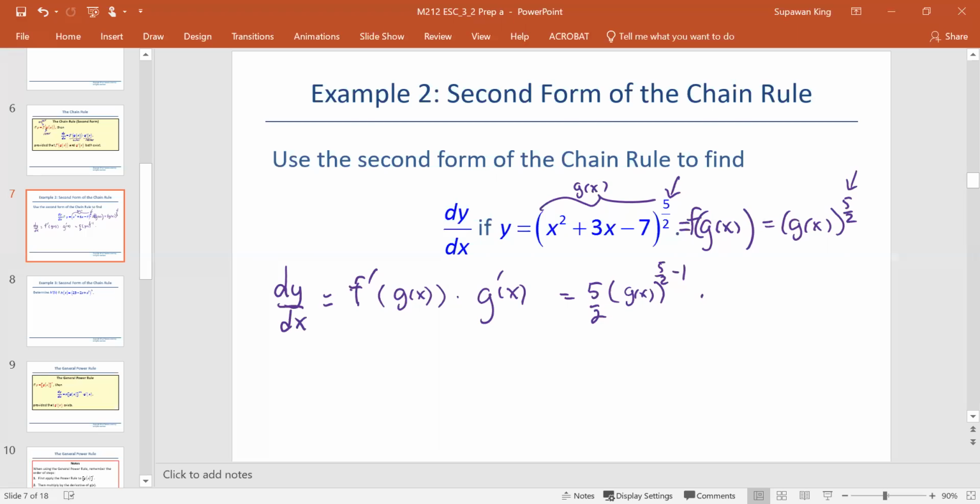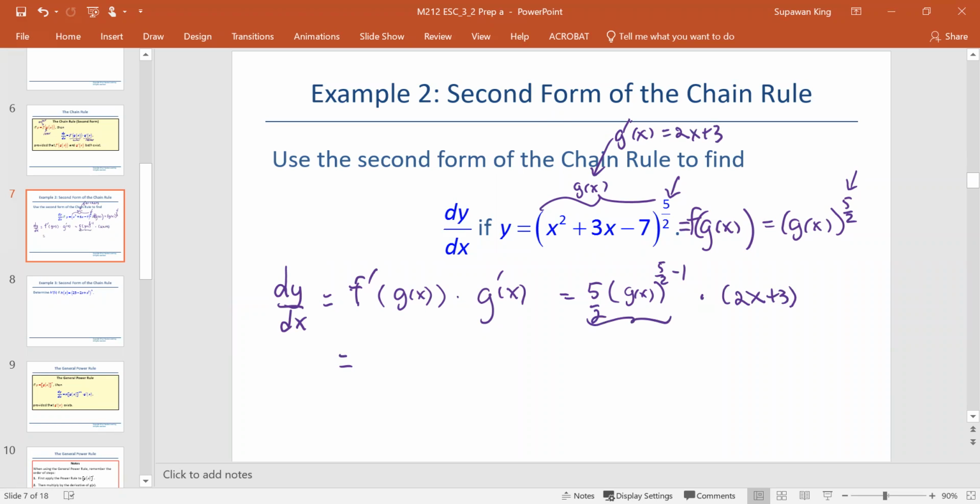Since the g of x is x squared plus 3x minus 7, the g prime of x would be 2x plus 3. Then we multiply this by 2x plus 3 and replace the g of x for the first group.